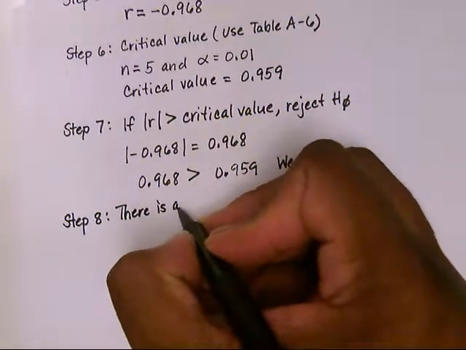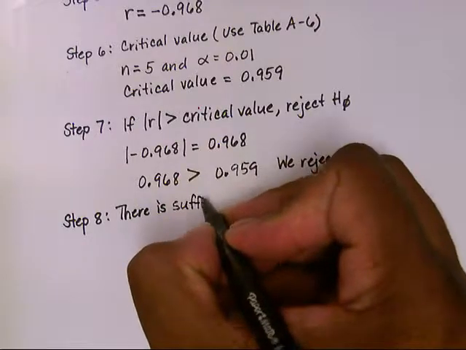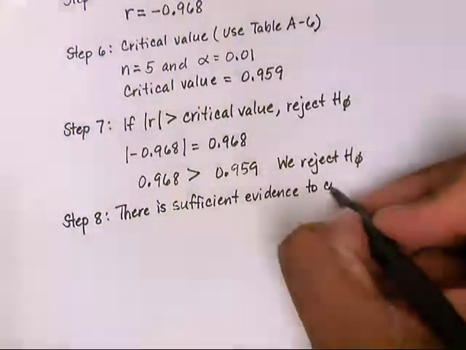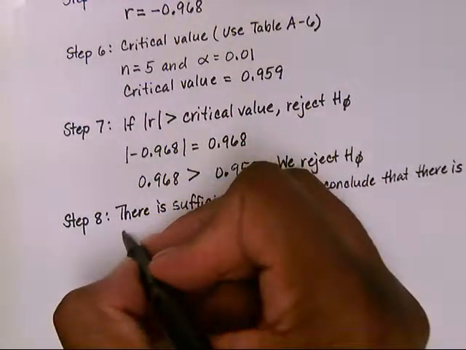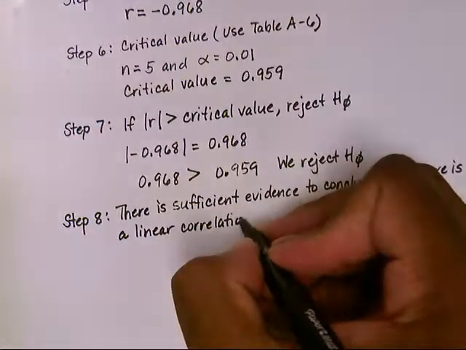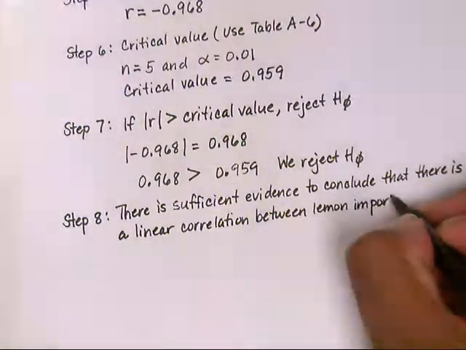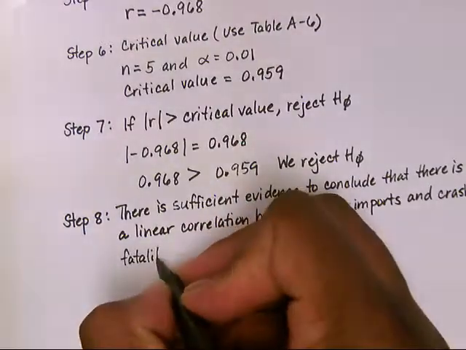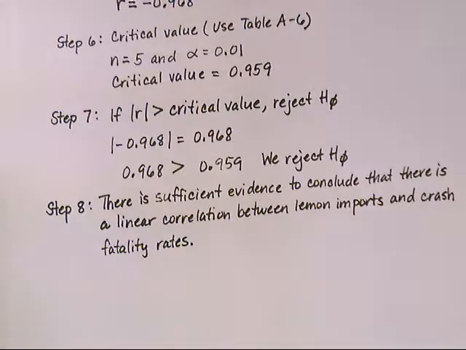So we can say that there is sufficient evidence to conclude that there is a linear correlation between lemon imports and crash fatality rates. Okay, so that's the conclusion statement there.